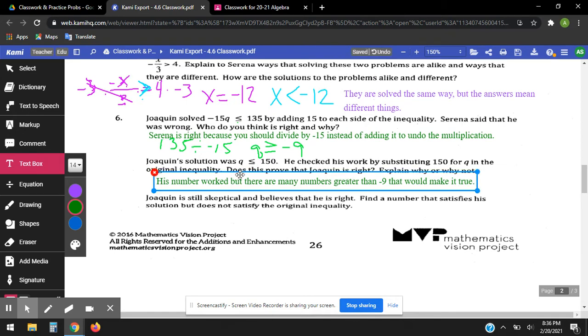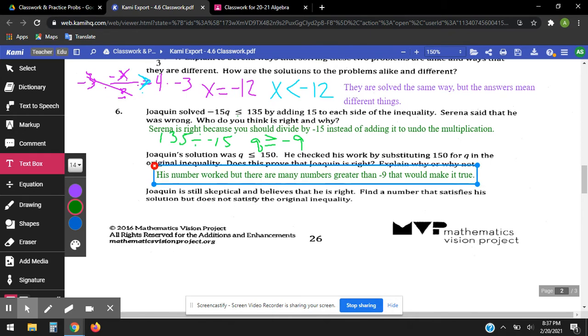He's still skeptical and believes that he is right. Find a number that satisfies his solution but does not satisfy the original inequality. So we basically need a number that is less than negative 9, because we want to disprove that he has the correct answer.